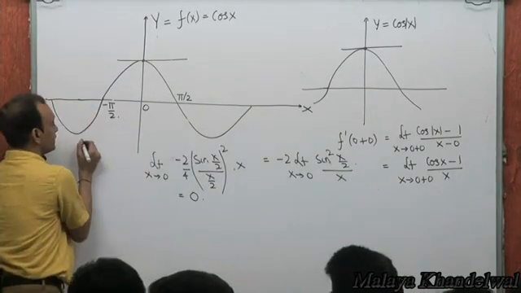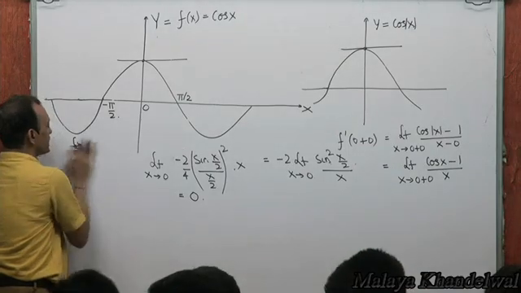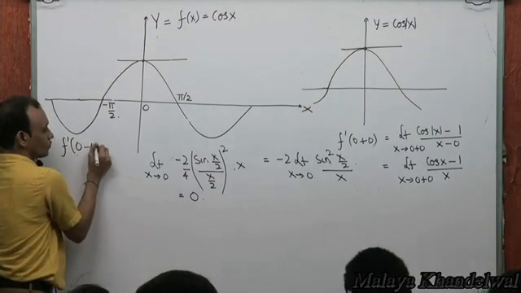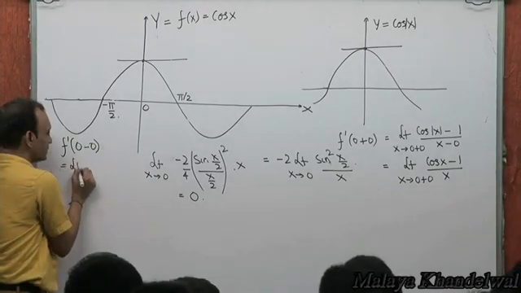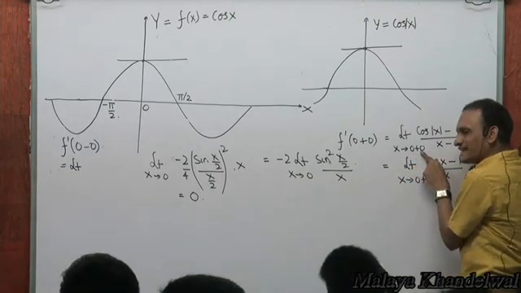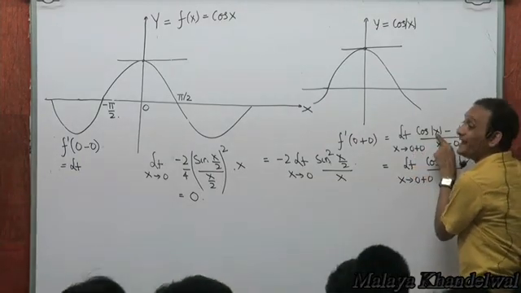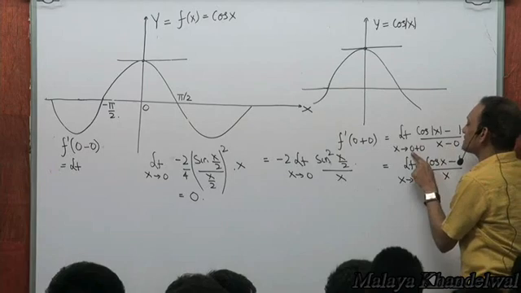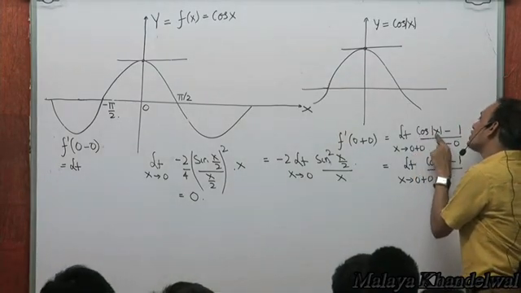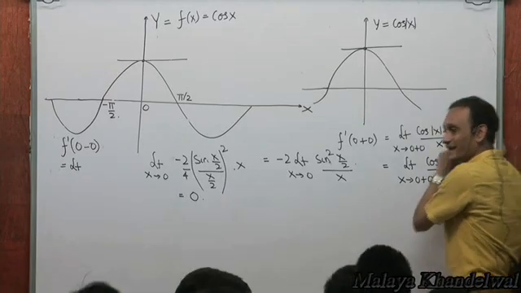And similarly, left hand derivative, that is f dashed 0 minus, is limit, I'll have the same thing, x tends to 0 from the less than 0 side. When x is slightly less than 0, mod x will be minus x, but cos of minus x will be the same as cos x.